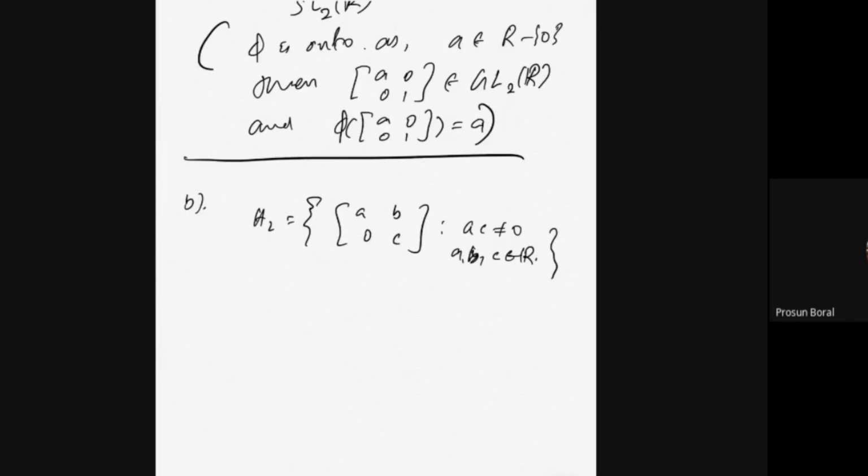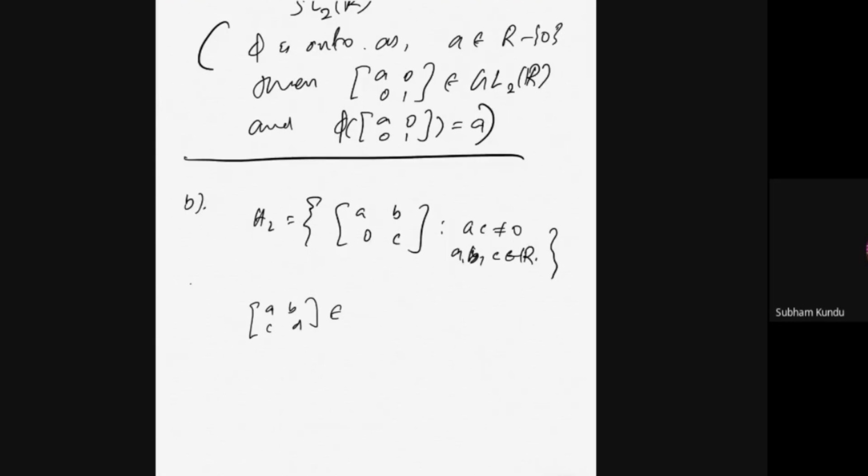Take G, an arbitrary matrix ABCD, and H equal to an upper triangular matrix, then G H G inverse does not belong to H. How do you say that?